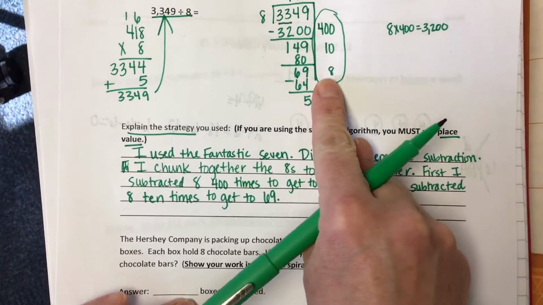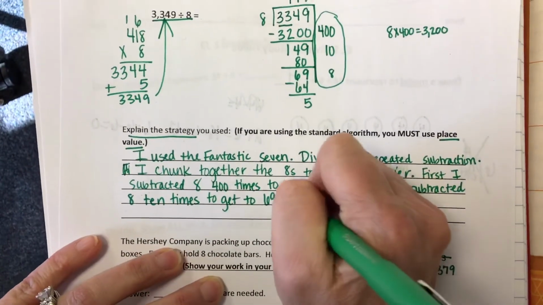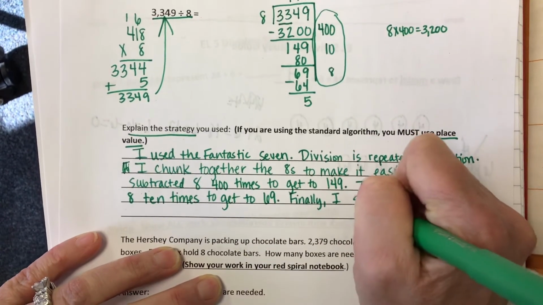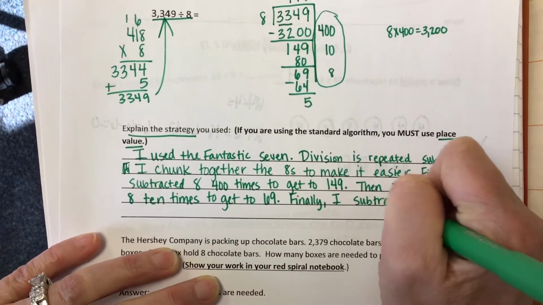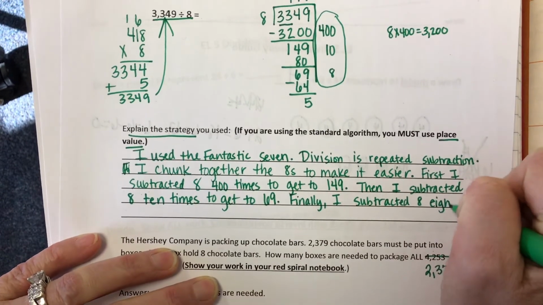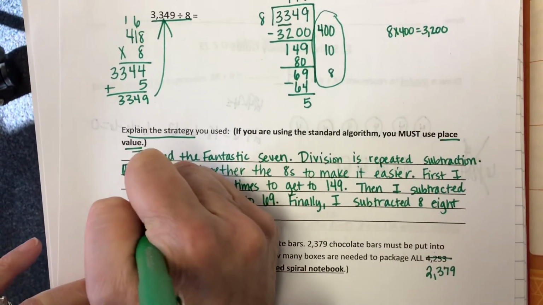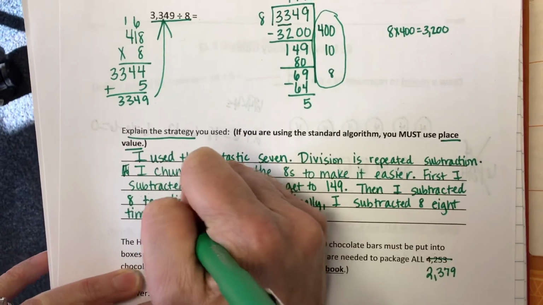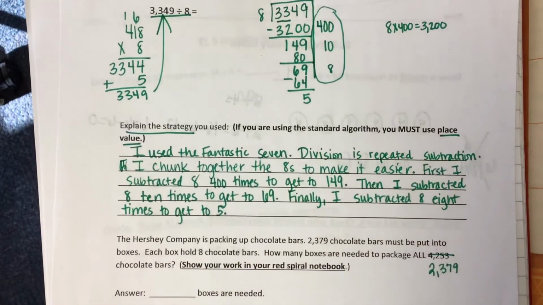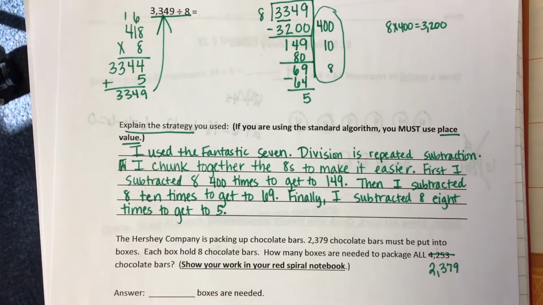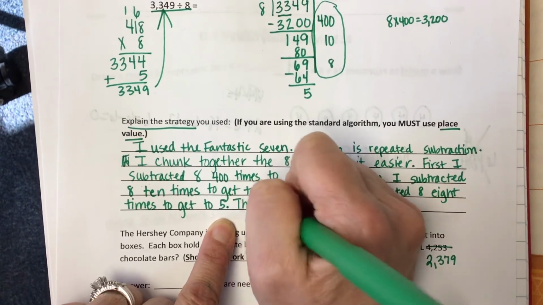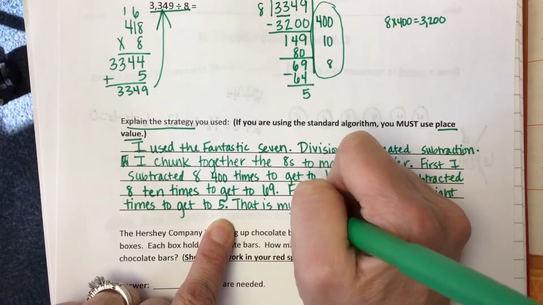Finally, I subtracted 8 how many times? To get to 5. That's how many are left over. Or that is my remainder.